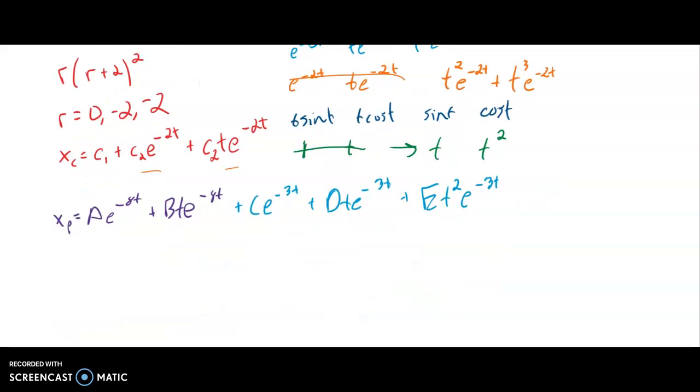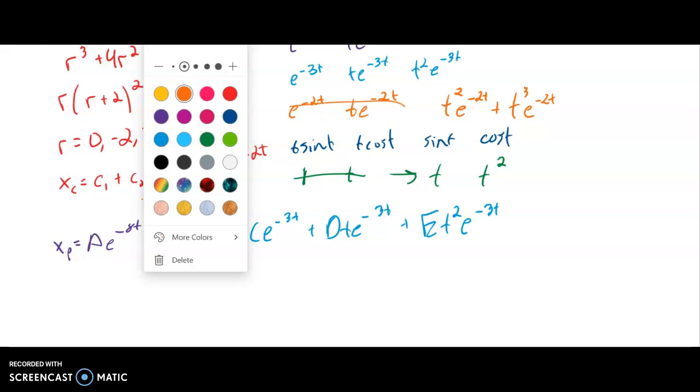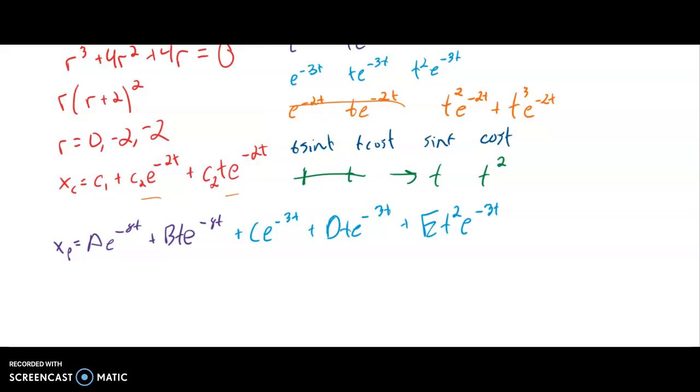And now I'm onto my orange ones here. So plus f t squared e to the negative 2t plus g t cubed e to the negative 2t. That's these two right here.